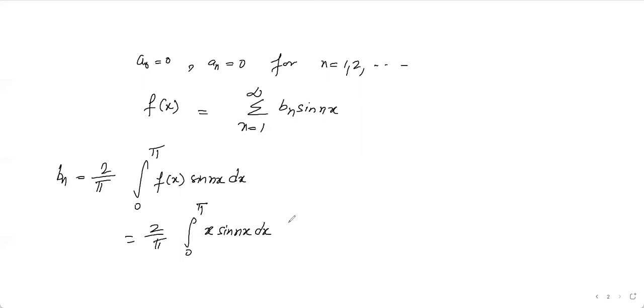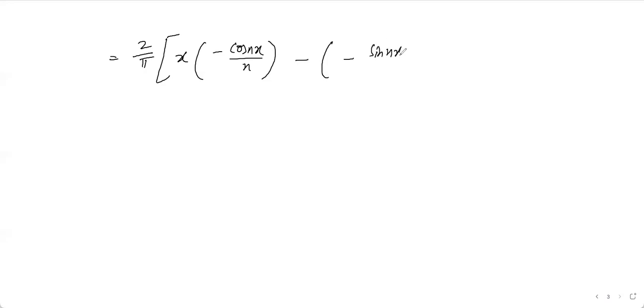Now let us integrate this and find what bn is. So we get 2 by pi, x times the integral of sine nx dx, which is minus cos nx by n, minus sine nx by n square, over the interval 0 to pi.